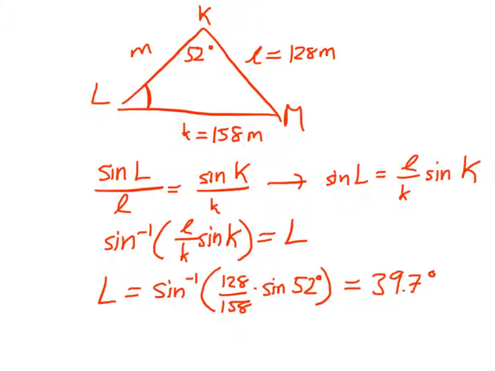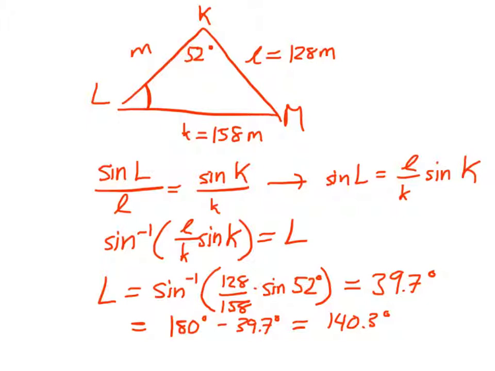And remember, the second angle is 180 minus this 39.7, which equals 140.3 degrees.